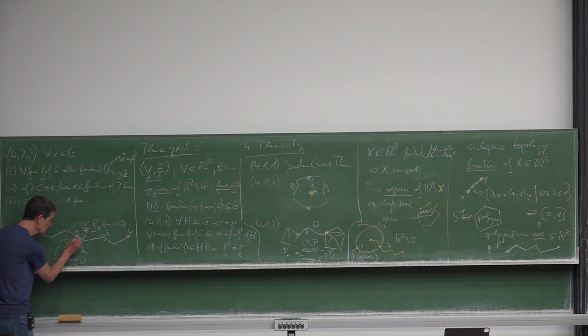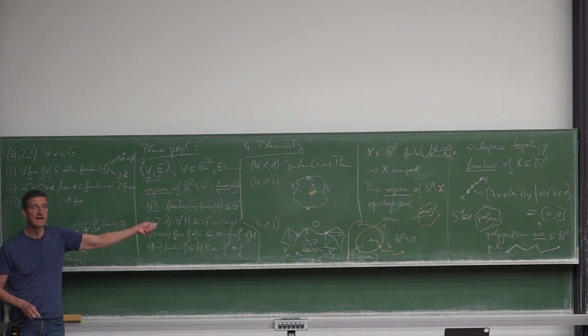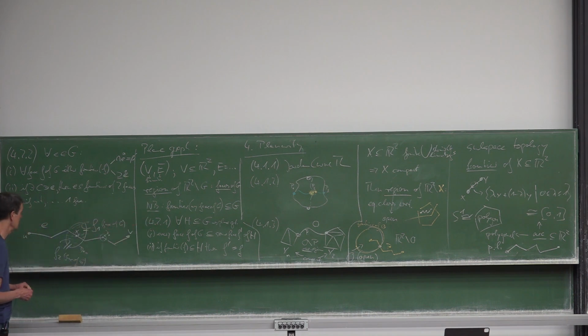Because it has little neighborhoods, for example, this D x naught, that don't meet both that third face and its complement, because it only meets the union of F1 and F2.